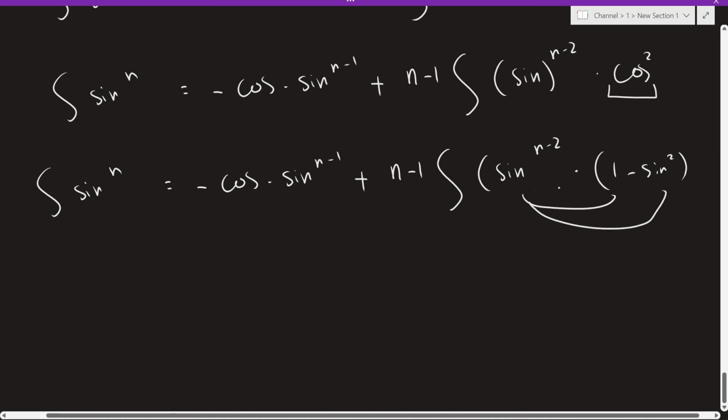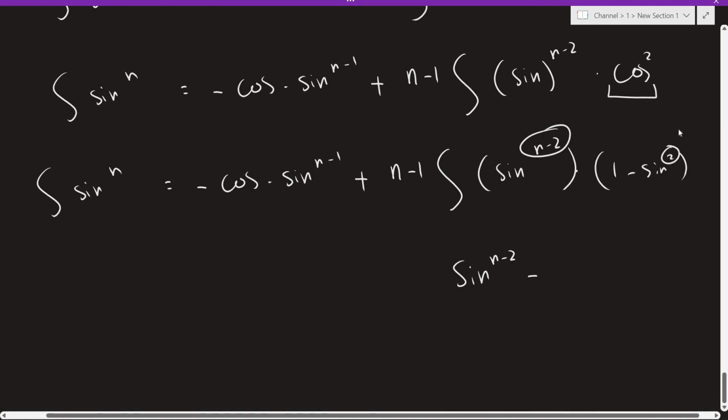Sin^(n-2) times 1 is just sin^(n-2). Sin^(n-2) times negative sine squared: these are the same function, so the powers will be added.